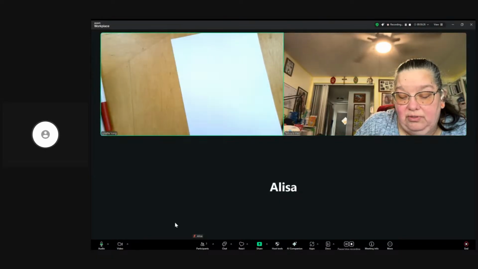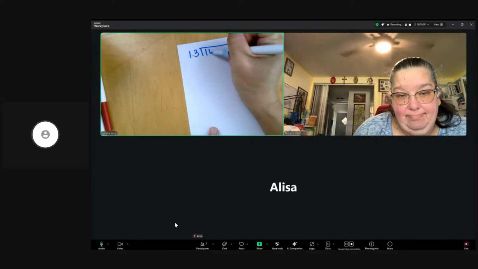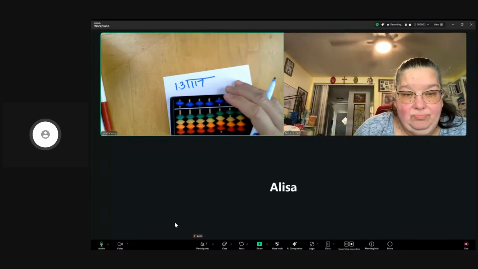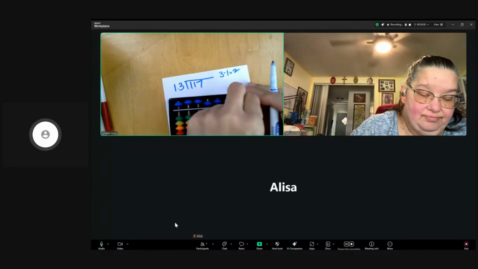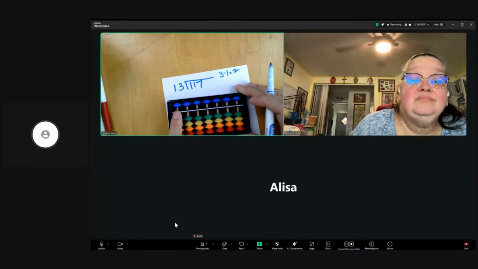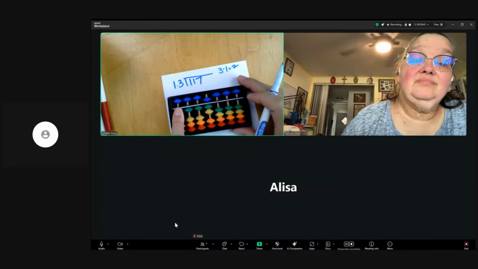So what are we doing? We have 1.3, divide that by 117. What is our starting point? 3 minus 1 is equal to 2. So I'm going to put 1, 2, 2 over here. 117.